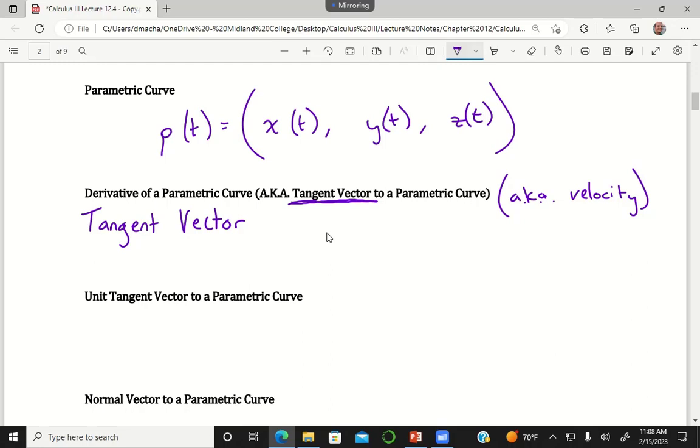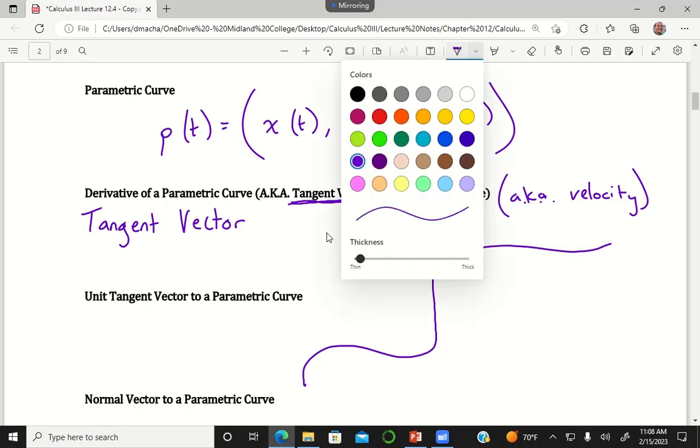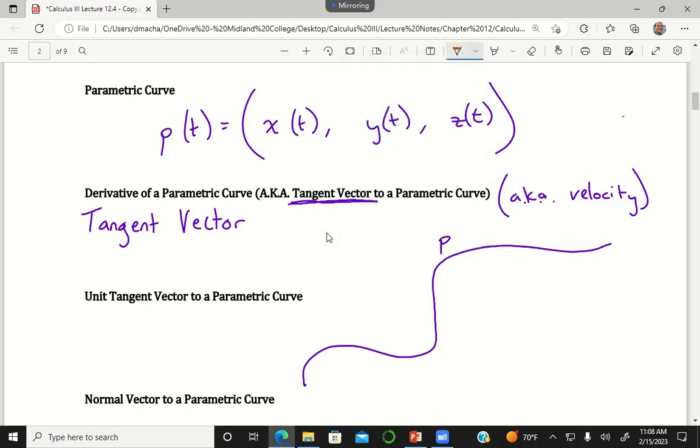And this should kind of make sense, because if I have this parametric curve P, and at some given time my object is right here, and I take the derivative, then this tangent vector is going to be describing my velocity, right?